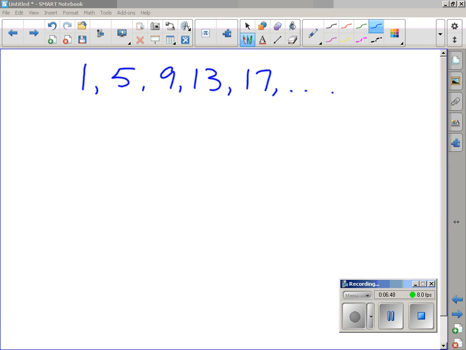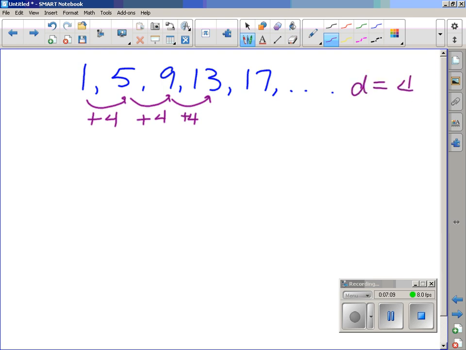Okay. Decide, is this an arithmetic sequence or is it a geometric sequence? Well, it's arithmetic. Why? It's arithmetic because to get from one term to the next, you are adding 4. So remember what 4 is called. 4 is called your common difference. Now let's write a recursive rule. Now remember, the recursive rule says, how do I get from one term to the next?